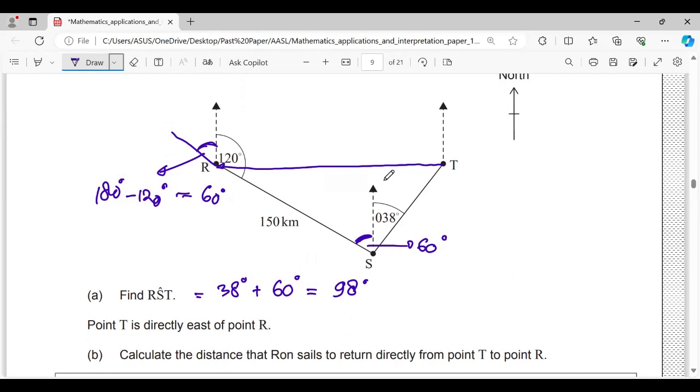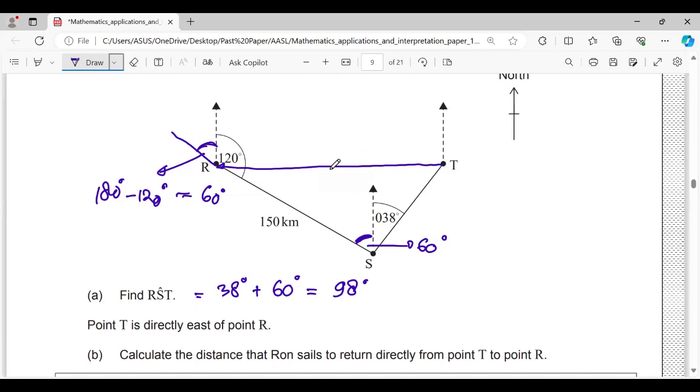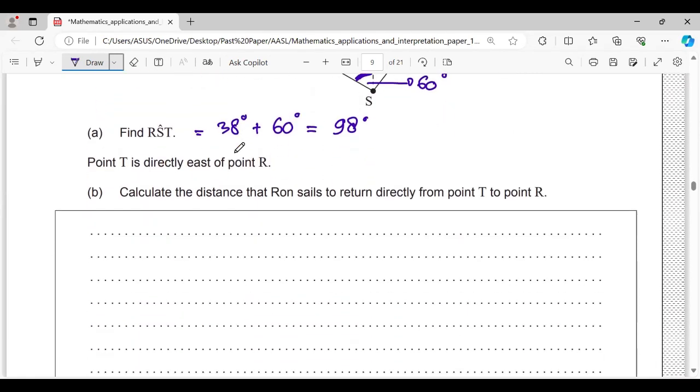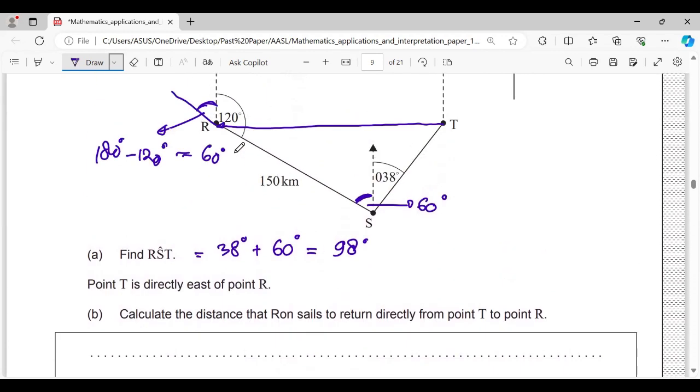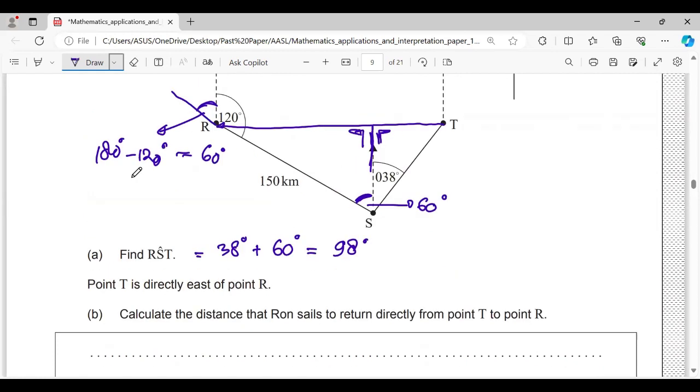So we're going to calculate the distance T to R. So if I create this 90 degrees, and if this is 90, it means this angle is 90 minus 38, and it is 52. So this is 52.